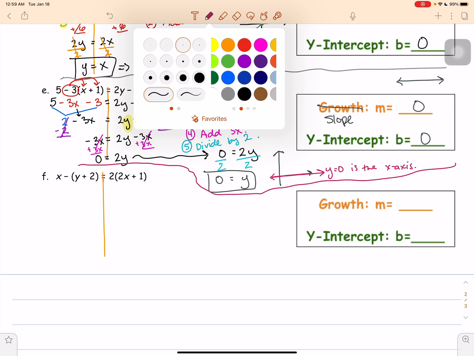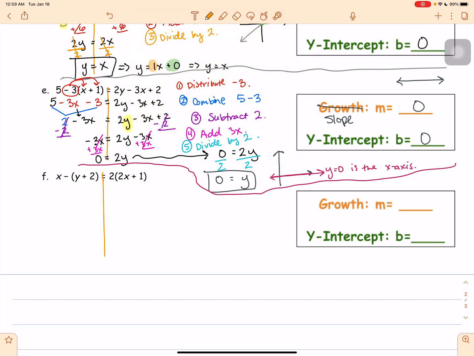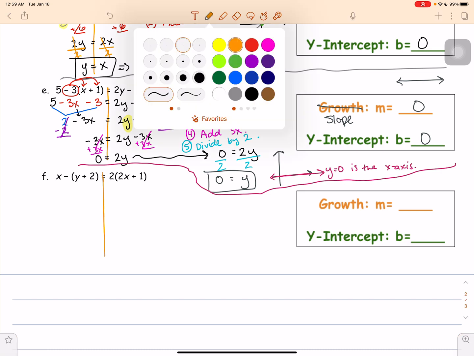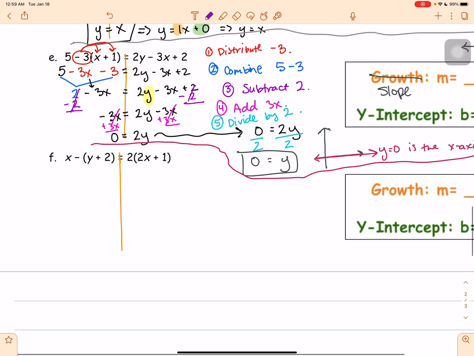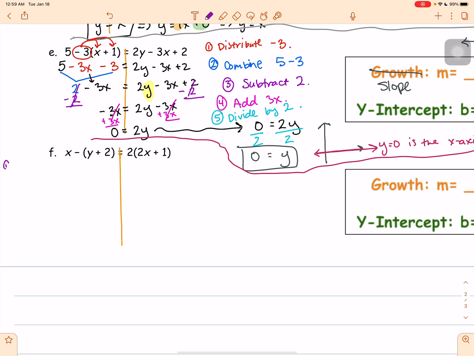Okay, so now this one here, same idea. First we want to distribute. There's two things we can distribute here. I'm going to write them off to the side here. So first distribute negative and that 2.